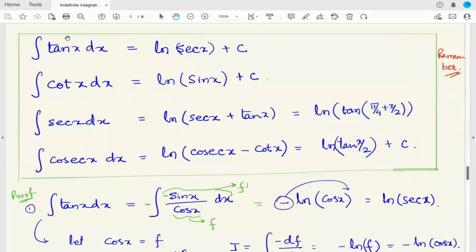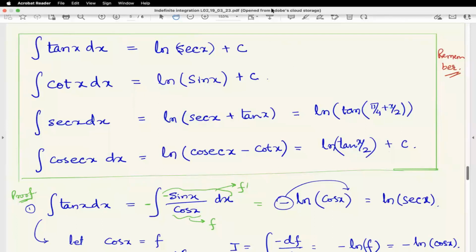So we can write this tan x as sin x by cos x, right? And we know that the differentiation of sin x is cos x, and the differentiation of cos x is minus sin x. So if we substitute cos x as some function f or t, this whole part comes into dt.